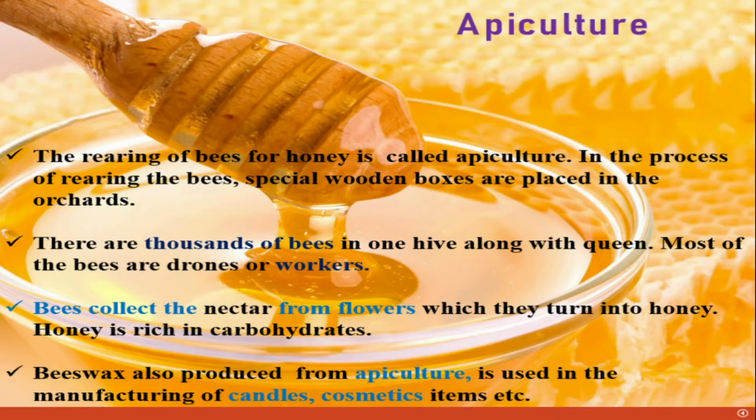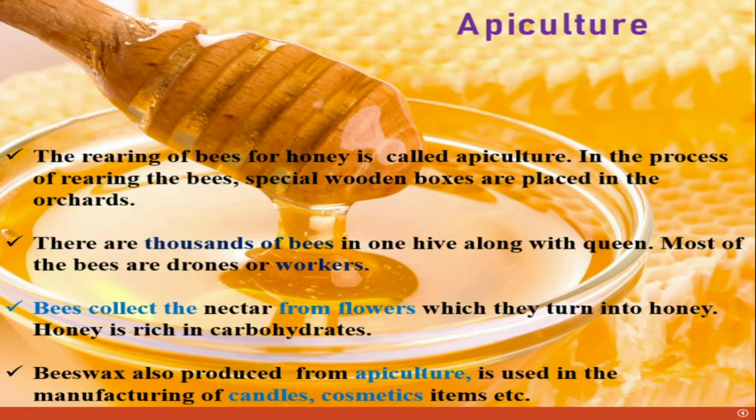We have to place the wooden box, or beehive box, in orchards. What are orchards? An orchard is a piece of enclosed land planted with fruit trees, because these trees give many flowers. Those flowers contain nectar.